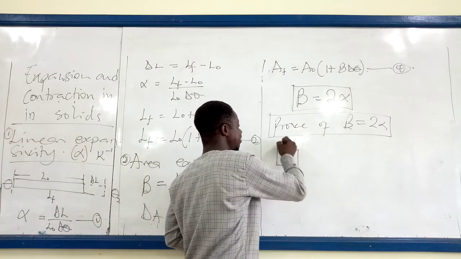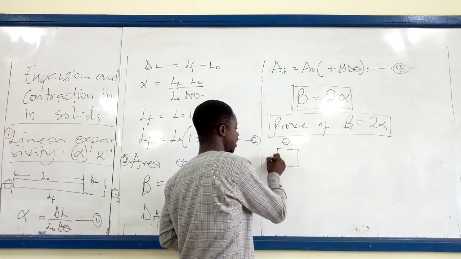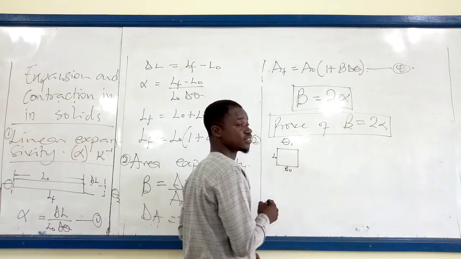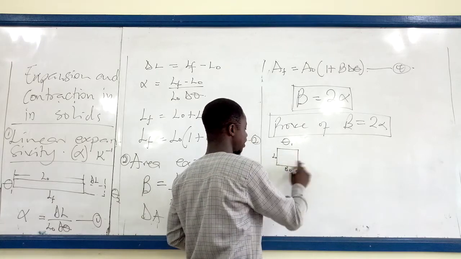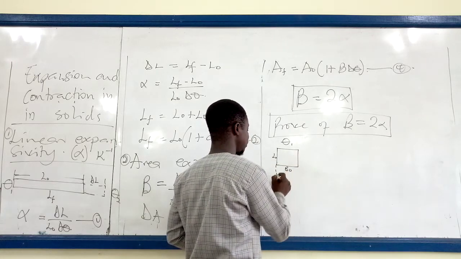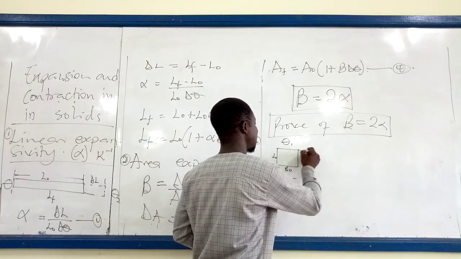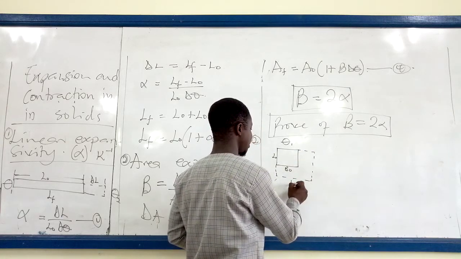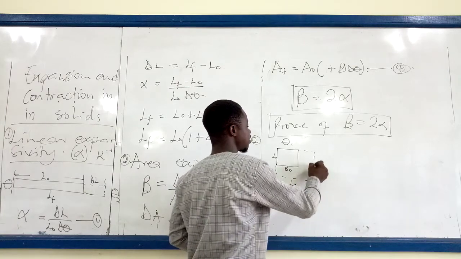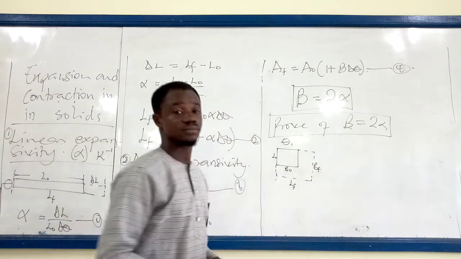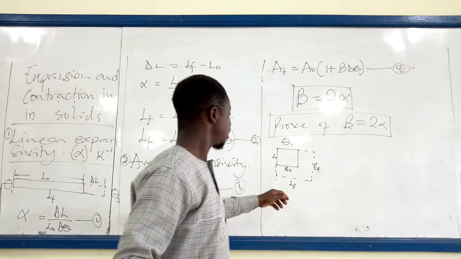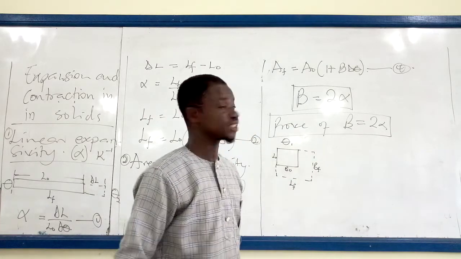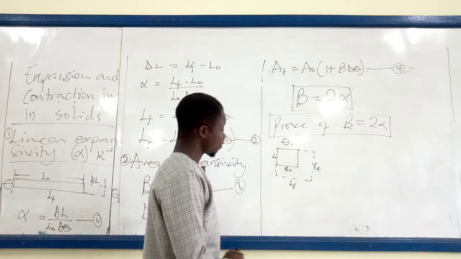Initially at temperature θ1, the length is L0 and the breadth is B0. Upon heating this metal to a temperature θ2, the length and the breadth are like this. So this is the new length, LF, and this is the new breadth, BF. Let us consider this figure and use it to prove our case.